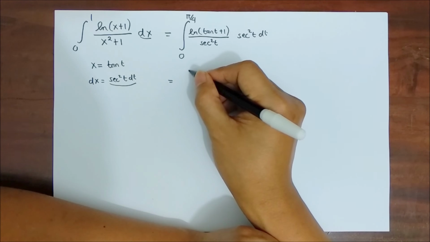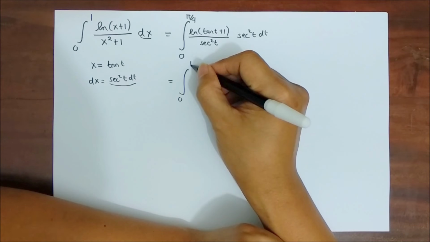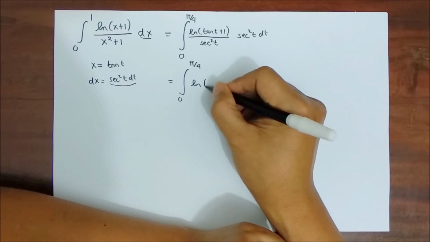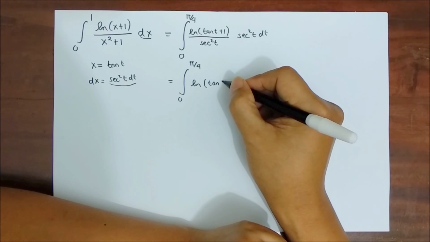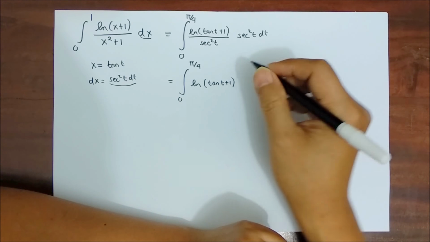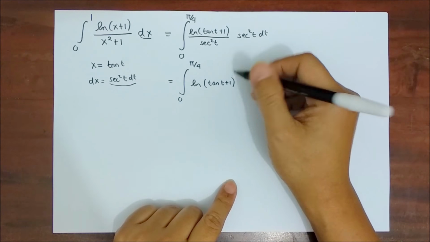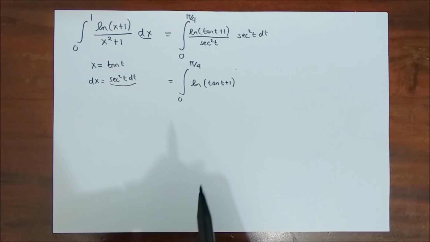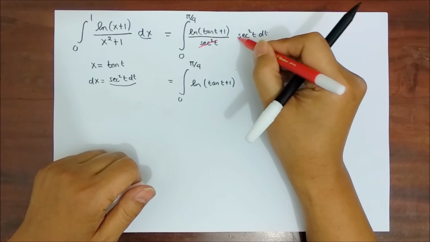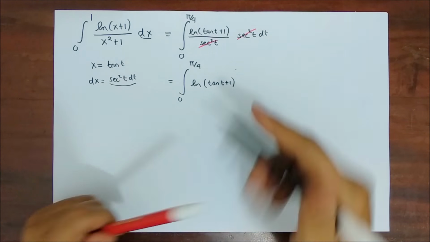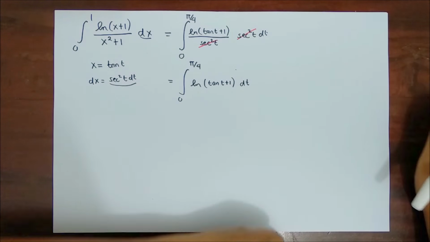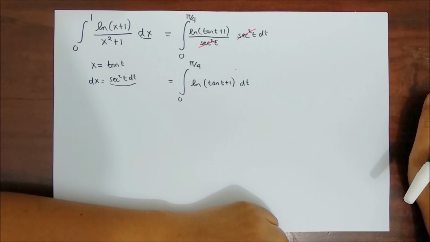We simplify a little bit to have the integral from 0 to pi over 4 of ln(tan t + 1). We can cancel the secant squared, so we're left with the integral of ln(tan t + 1).